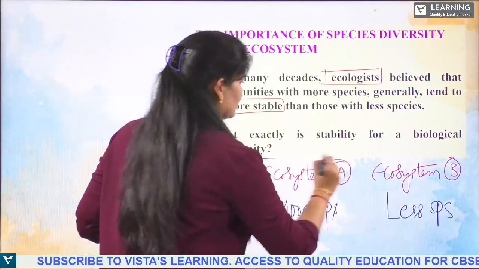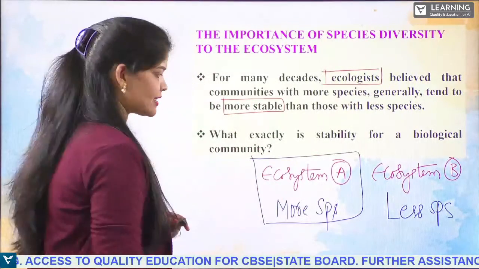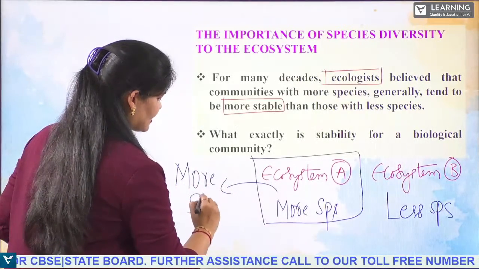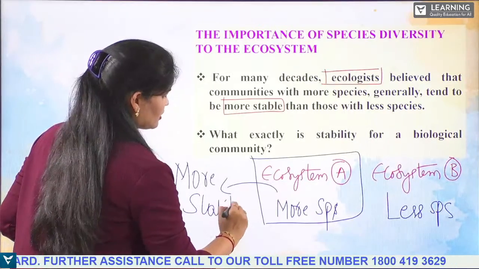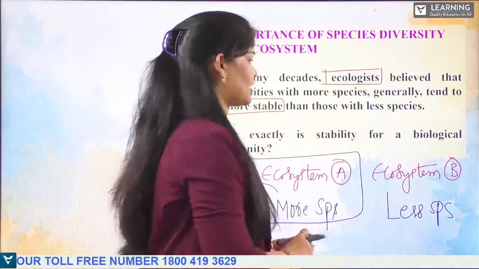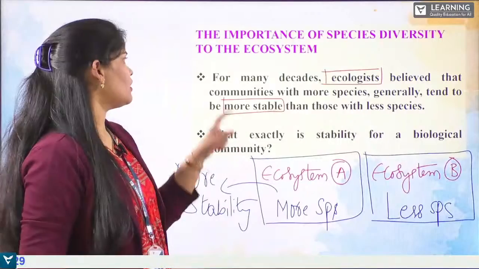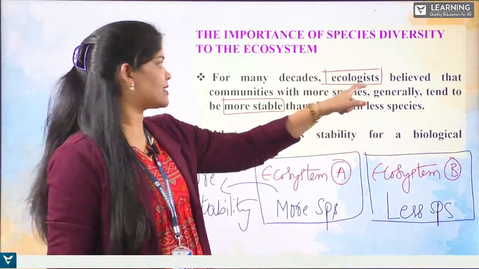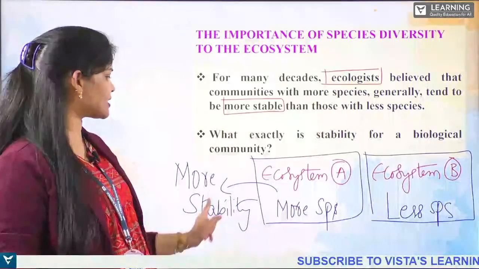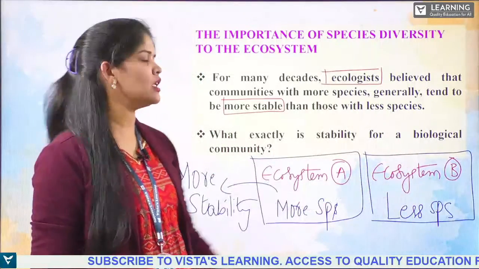For decades together, ecologists believed that an ecosystem with more species has more stability. This ecosystem is more stable when compared to this ecosystem. So for many decades, ecologists believed that communities with more species generally tend to be more stable than those with fewer species.